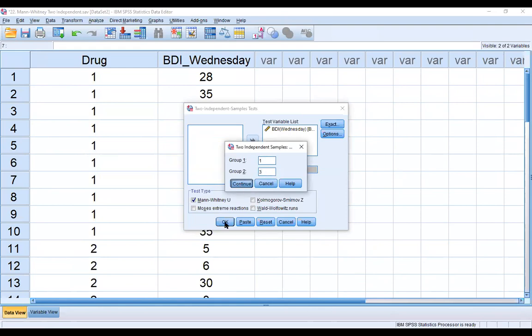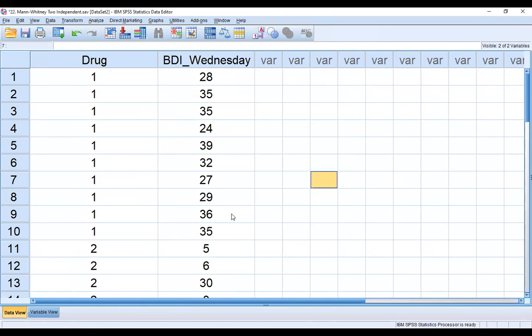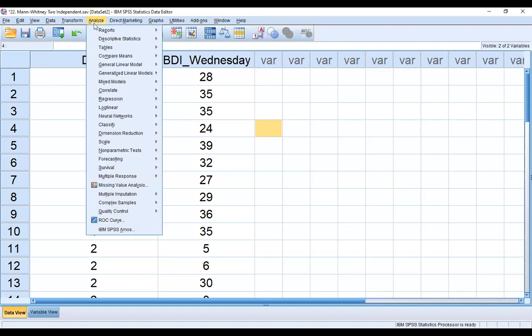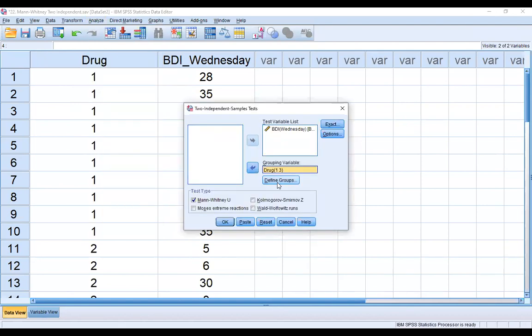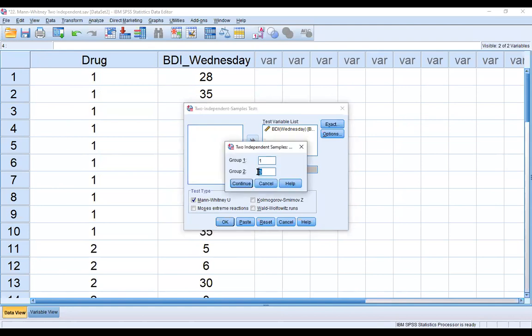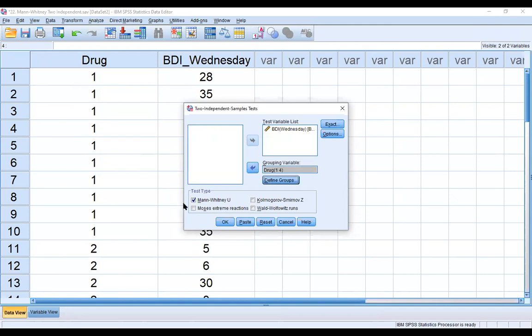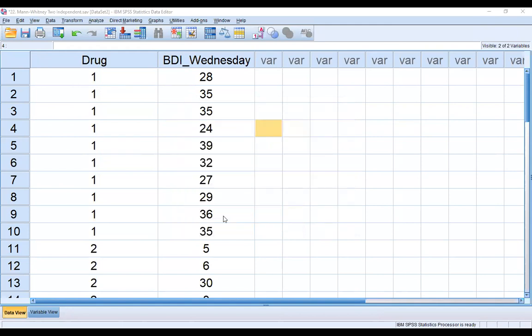Okay, and then continue, and then okay. I am sharing the third group also. Third time I am doing the Mann-Whitney U test: analyze, then non-parametric test, and then 2 independent samples. So I am changing the values 1 and 4. So there are 3 pairs, and then continue, and you can see here Mann-Whitney U test, and then okay. After okay, I am sharing all the results and then interpreting one by one.